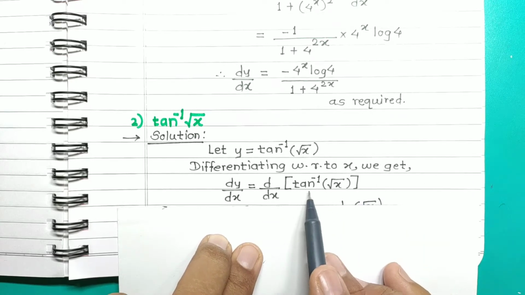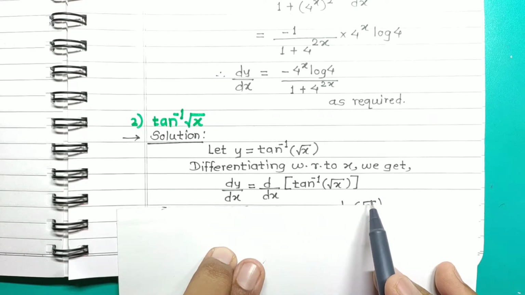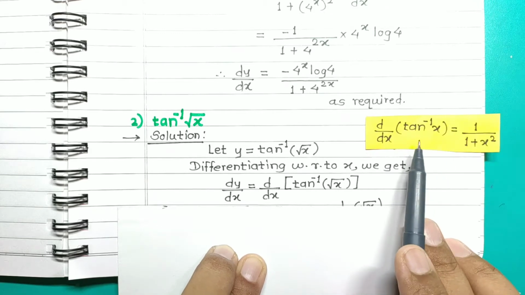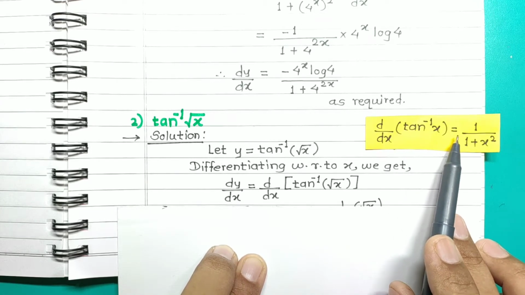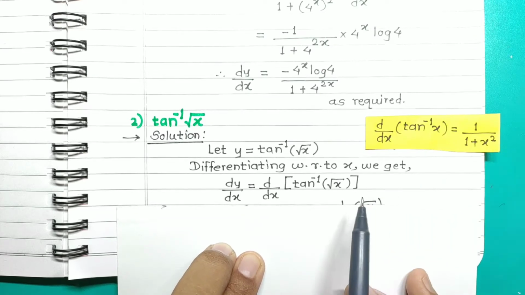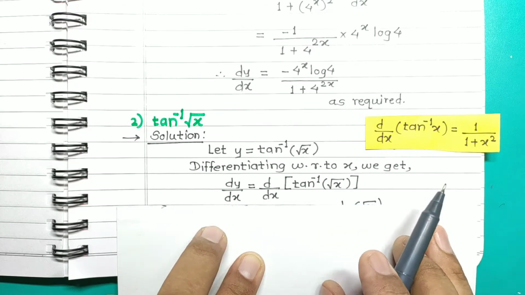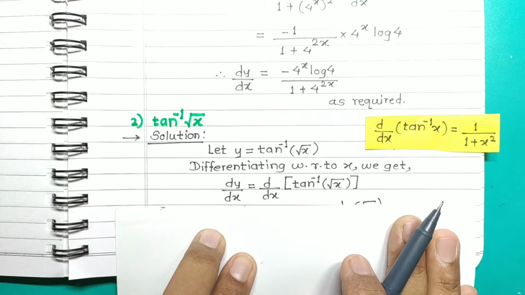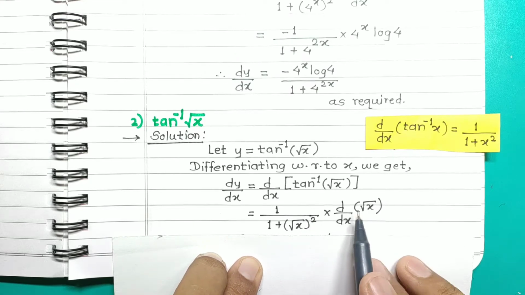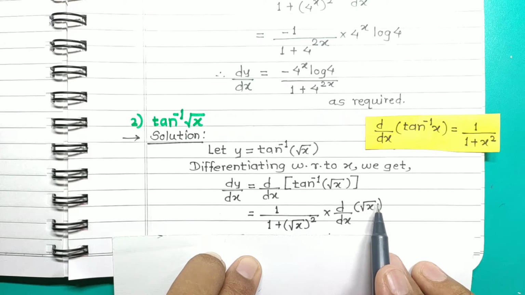So treat this function as tan inverse of something, and we have the standard formula: derivative of tan inverse of x is equal to 1 upon 1 plus x square. So treating this function as tan inverse of something, we have its derivative as 1 upon 1 plus something square into derivative of something, and that something function is root x.